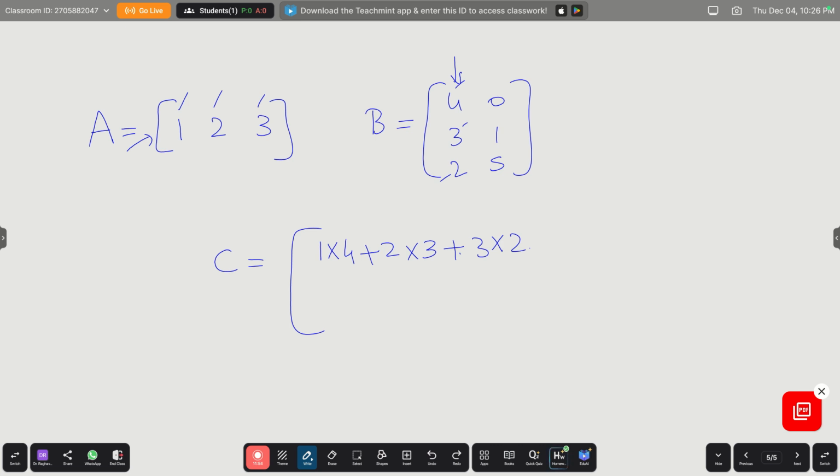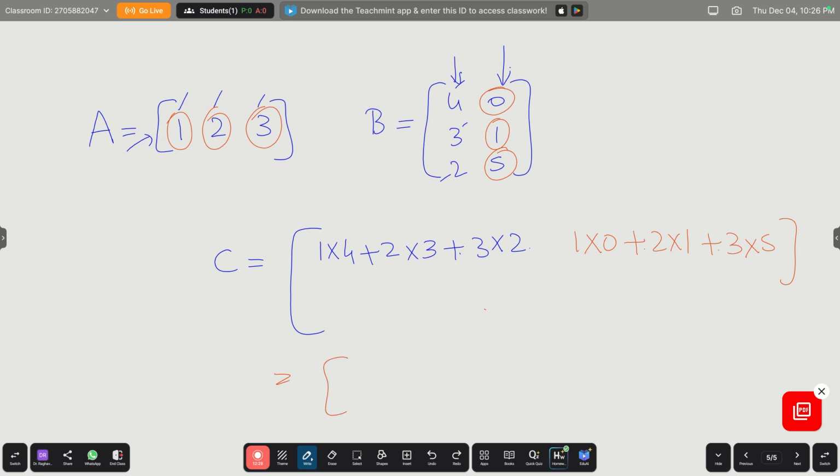Now I'll go to first row in matrix A, but I'll go to second column in matrix B. So how it's computed? First element is 1 multiplied to first element 0 plus second element is 2 multiplied to second element in second column plus third element I have taken from matrix A and third element I am taking from matrix B. So since only one row is there in matrix A, C will also have only one row.